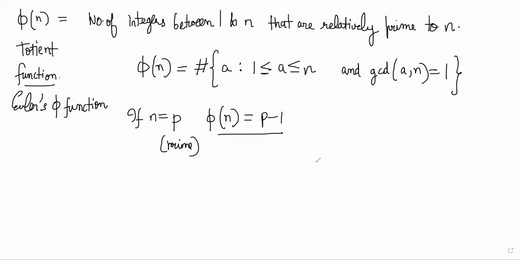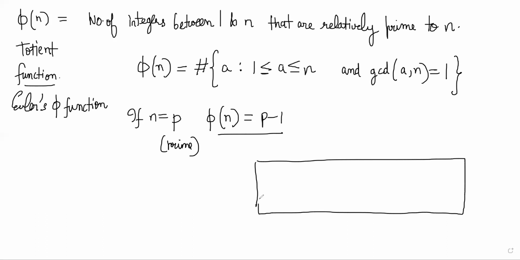Now, let's find out some special cases. Let's make a table here. Your N is here and phi of N is here. If N is 1, then phi of N will be 1.